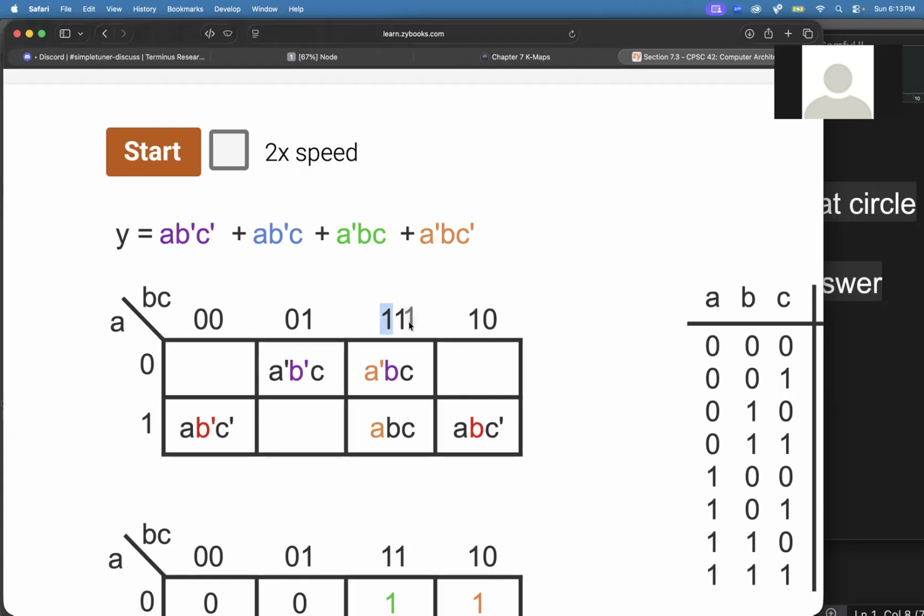This is BC. This one is B, not C. Okay. And they filled in some of these, but not all of them.